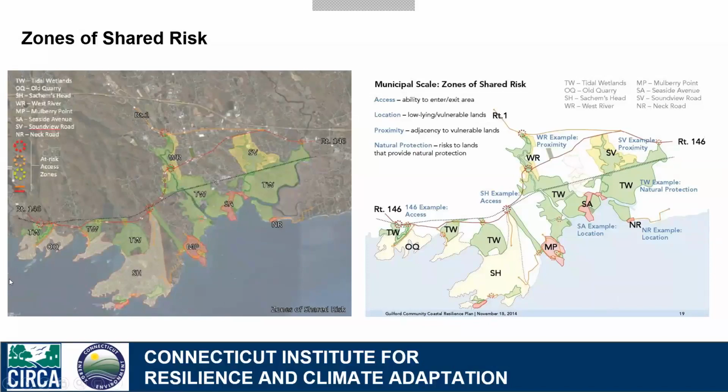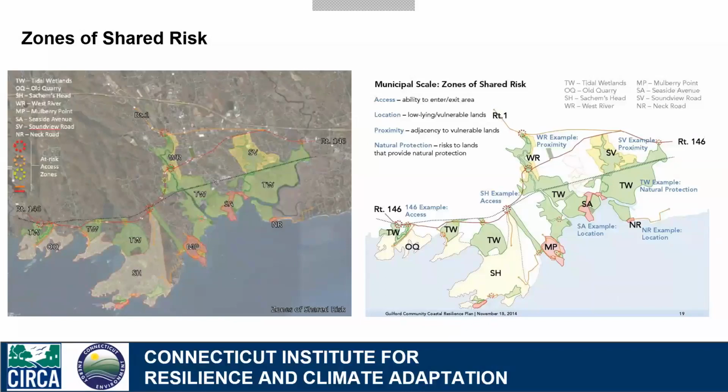So you can see this is actually Guilford. This comes out of the Guilford Coastal Resilience Plan. You can see, for example, SH represents Sachem's Head. You can see at the bottom of that there's a red area. Those are repetitive flood loss homes. Those are considered a zone of shared risk unto themselves in the fact that they share the risk of frequent flooding.